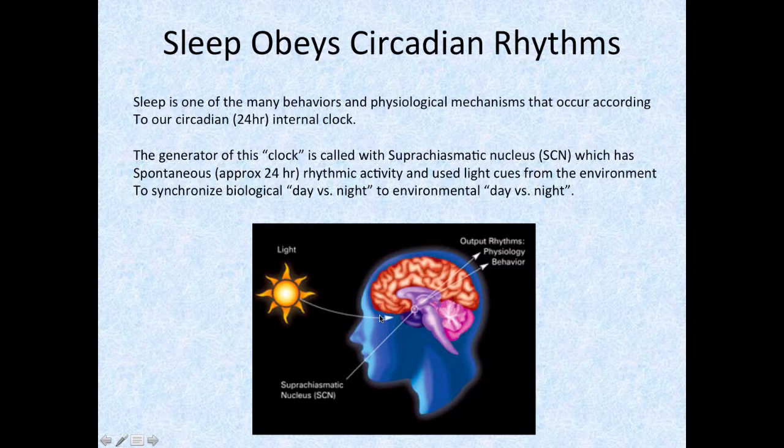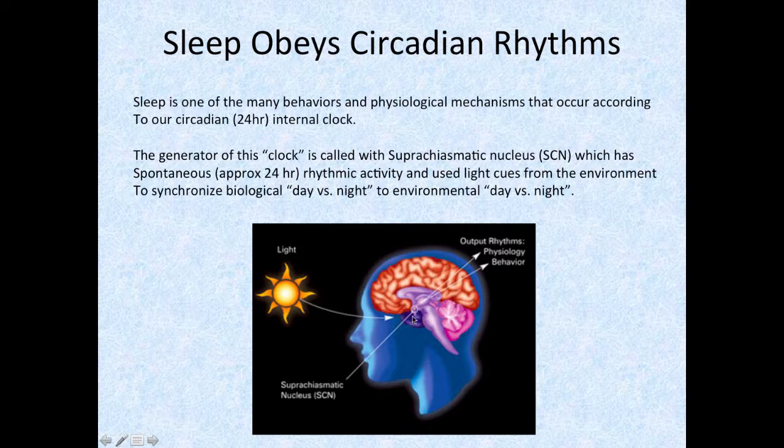Now, some of the axons coming from the eyes, from the retina, that travel through the optic nerve actually project directly to the SCN. Okay, so most of the axons project to the visual cortex, but some of them project directly to the SCN. And those projections are providing the SCN with the light cues it needs to synchronize its activity with light from the environment.